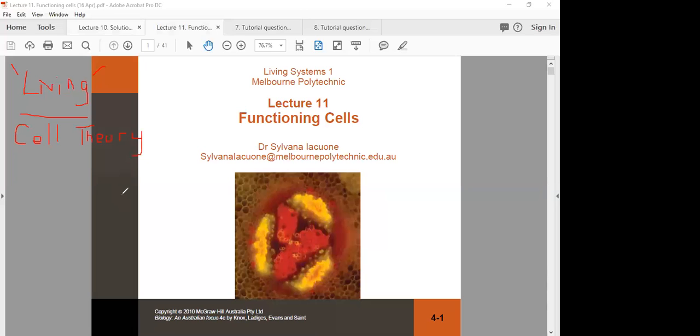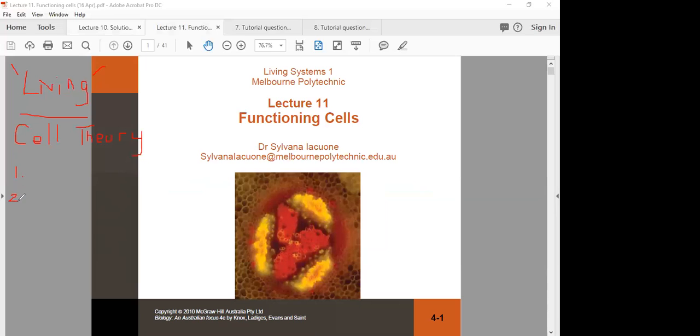Correct. That is one part of cell theory, which states that all living organisms are made up of cells. And you won't really find any exception to this rule.